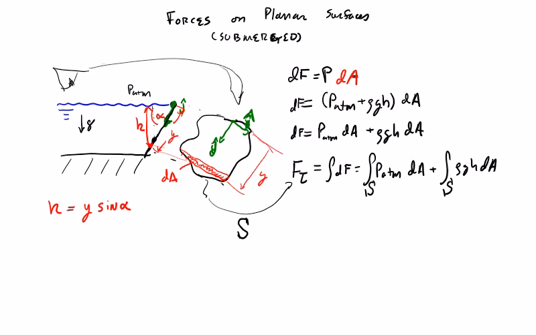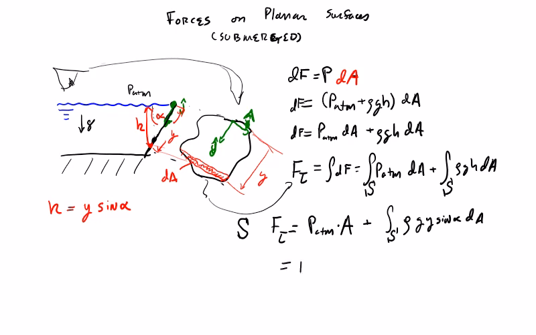So if I come back over here, I can say that my total force is equal to the integral of P_atm dA. Well, P_atm is a constant, so this is P_atm times the total area of my surface, which we'll just call A, plus the integral over my surface of rho g, and instead of h, I'm going to write y sine alpha dA.